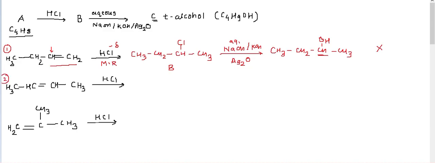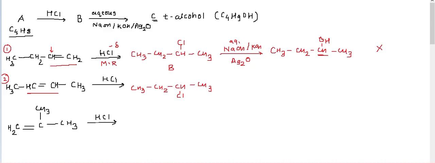Now if we add HCl to this, and look at this carbon-carbon double bond, there is one hydrogen on each double-bonded carbon, so we can add hydrogen anywhere and chlorine anywhere. So CH3, CH2, CHCl and CH3.